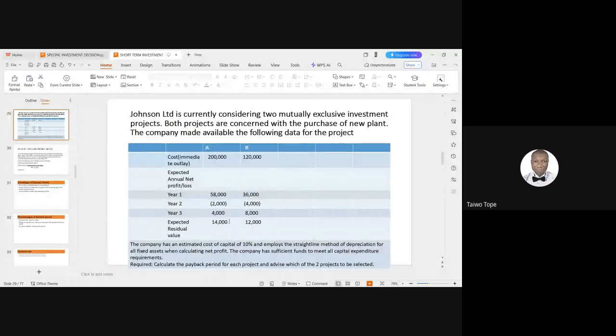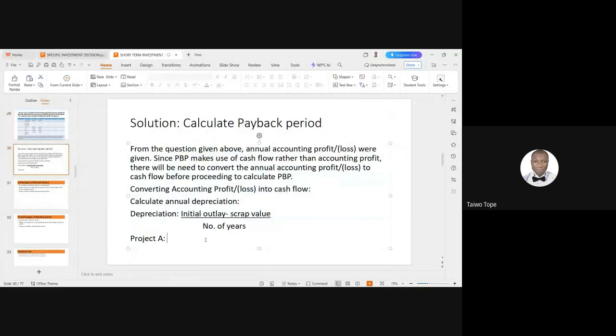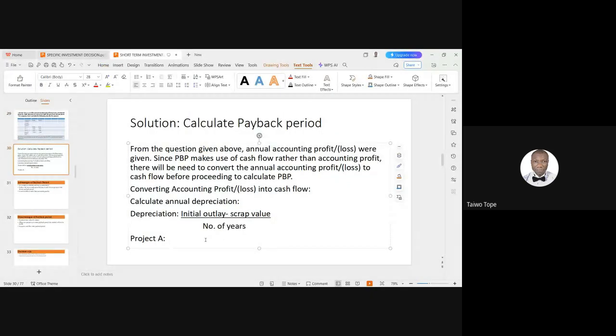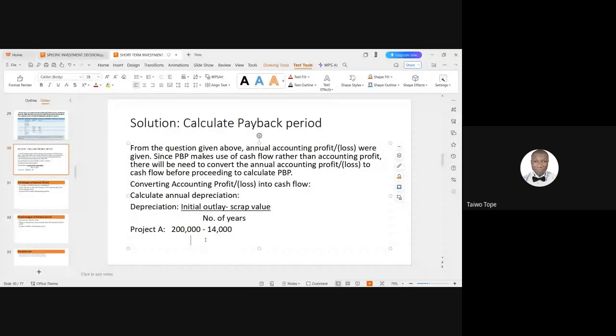Your scrap value, which is another name for residual value, is 14,000. So you have 200,000 minus 14,000, divided by number of years, 3 years.